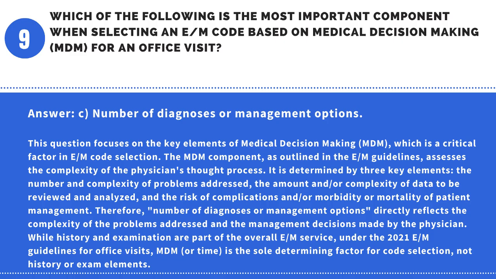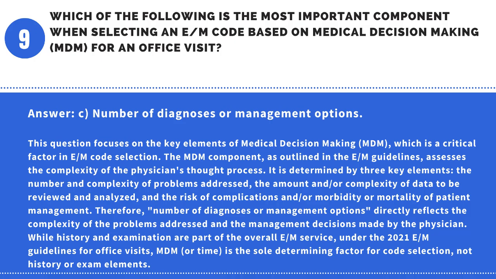This question focuses on the key elements of medical decision-making, MDM, which is a critical factor in E/M code selection. The MDM component, as outlined in the E/M guidelines, assesses the complexity of the physician's thought process. It is determined by three key elements: the number and complexity of problems addressed, the amount and/or complexity of data to be reviewed and analyzed, and the risk of complications and/or morbidity or mortality of patient management.